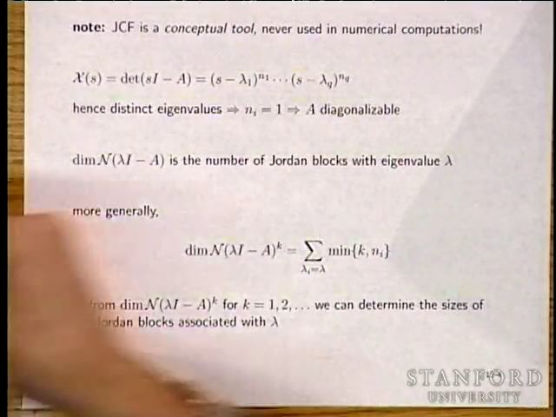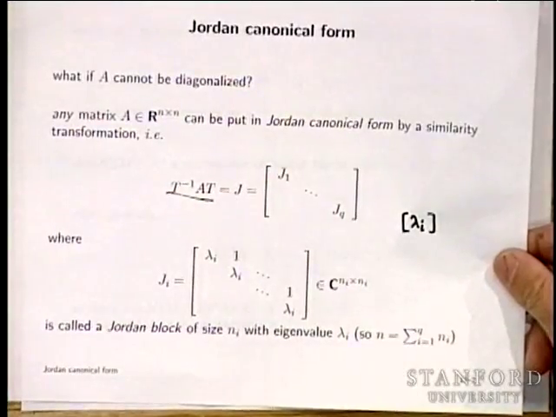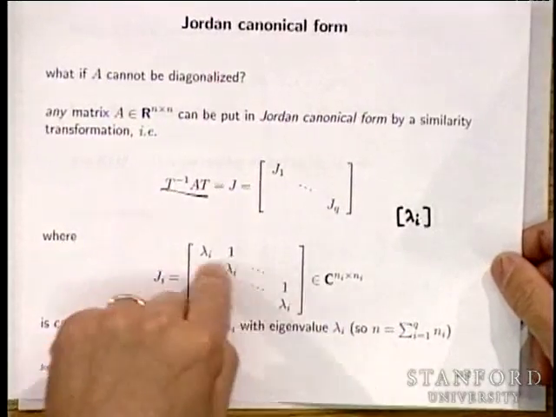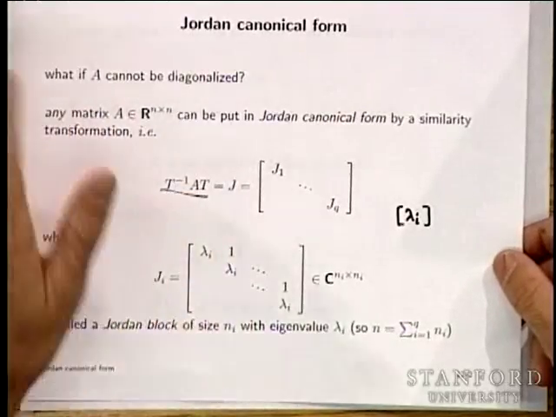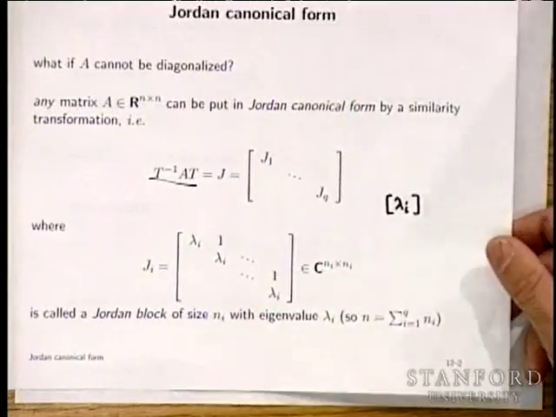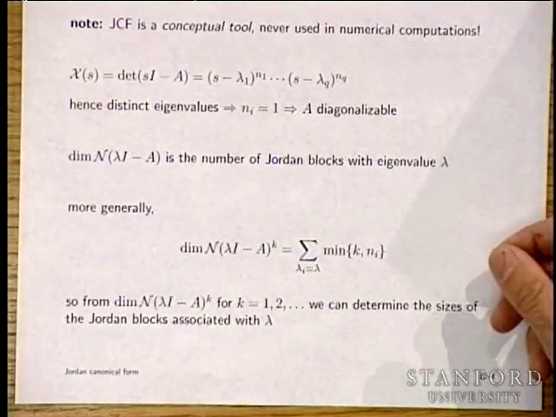Oh, I should mention something here. If the Jordan blocks are all 1 by 1 and this is diagonal, and if any block is 2 by 2 or bigger, people call that a non-trivial Jordan form, meaning diagonal is just diagonalizable.